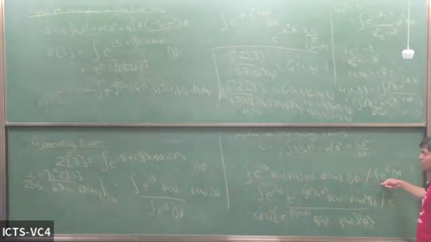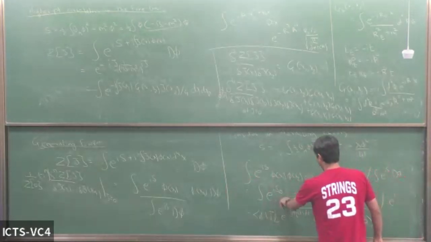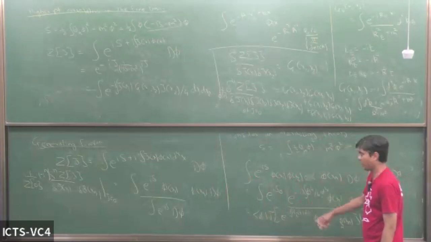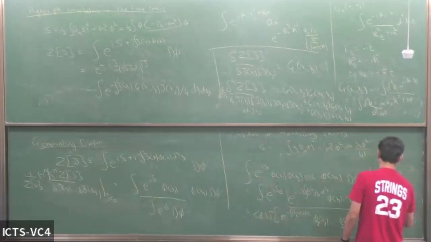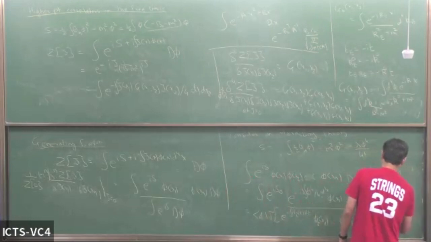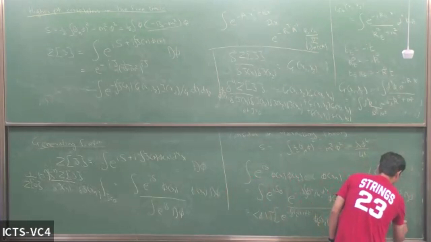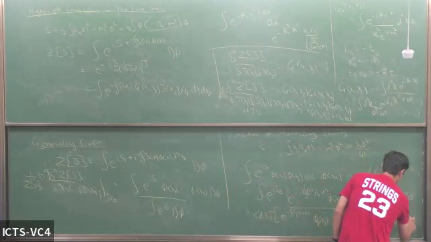If you look at what the denominator looks like, I'm sorry for rushing this, what you get is e to the i S naught, and you get this term, and that term you should interpret as, in the free vacuum, the time ordered product of e to the i integral of H_I dt.